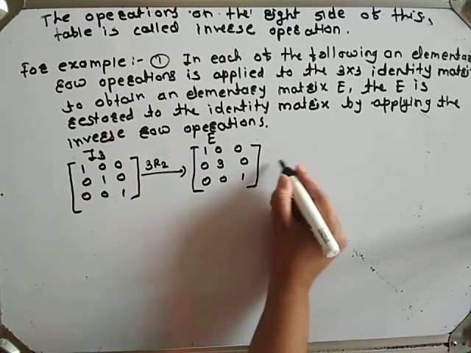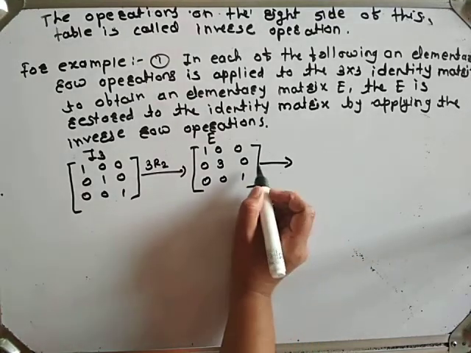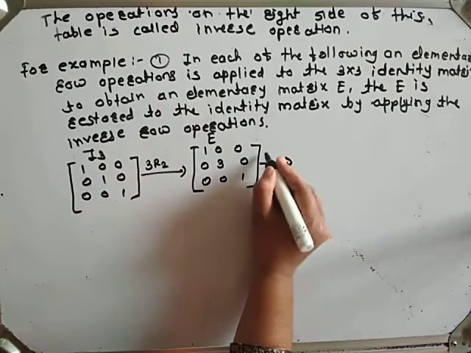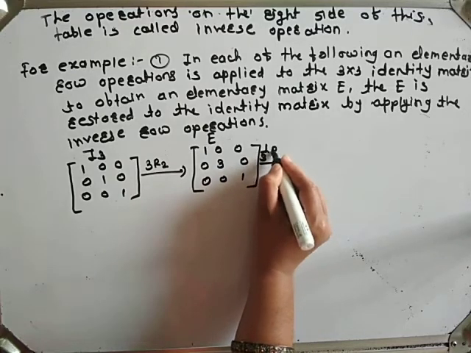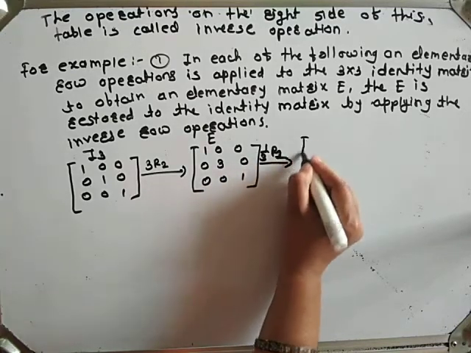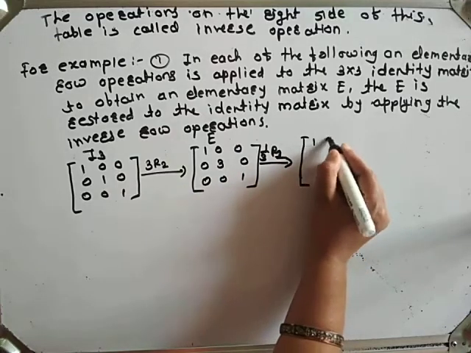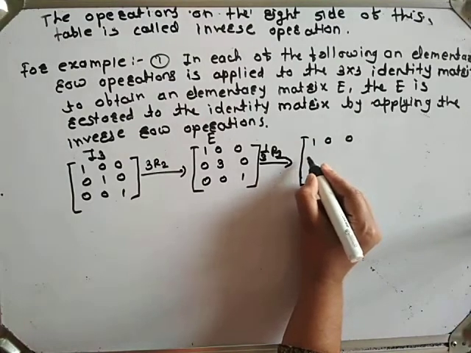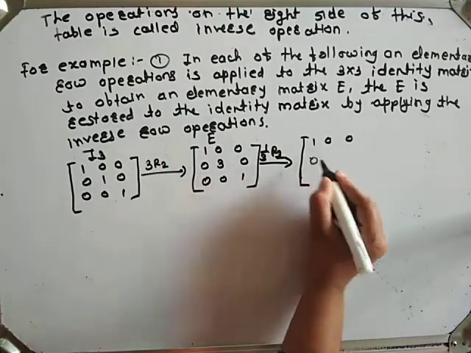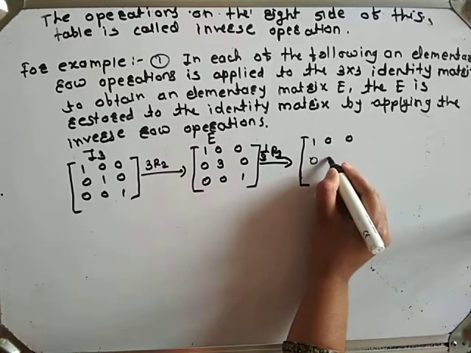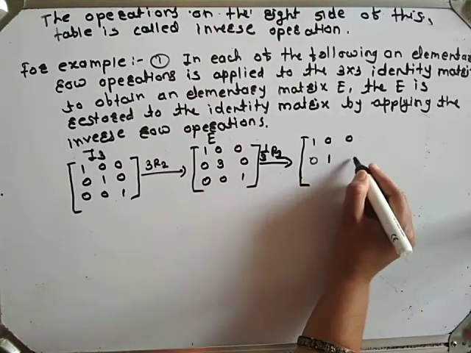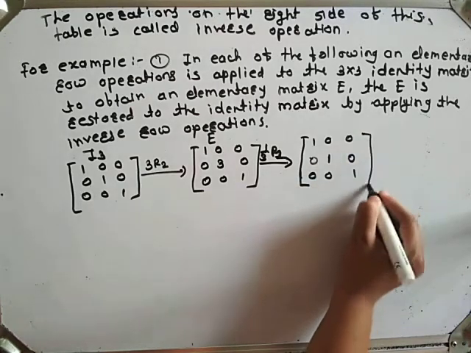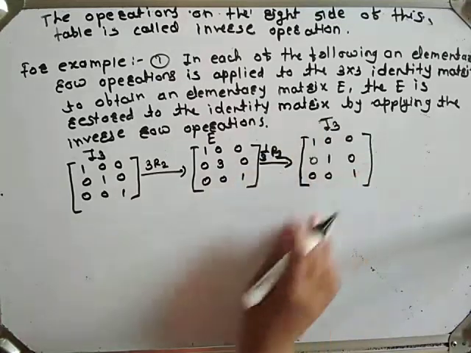Now we have to obtain I3 back. For this we perform the inverse operation 1 by 3 into R2. First row is as it is. 1 by 3 into 0 is 0, 1 by 3 into 3 is 1, 1 by 3 into 0 is 0. Third row 0 0 1. Hence we get the I3 matrix again.